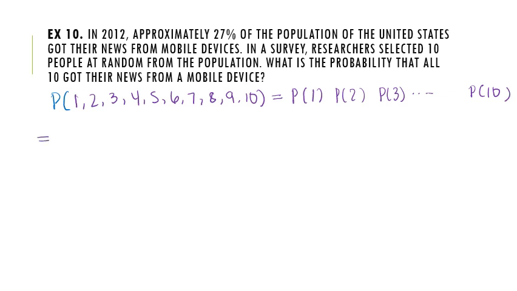So what's the probability that that first person will get their news from a mobile device? Well, that's 27%, but we want to write that as a decimal. What's the probability that the next person will get their news from a mobile device? That's also 27%. And that's the same for all of them, right?